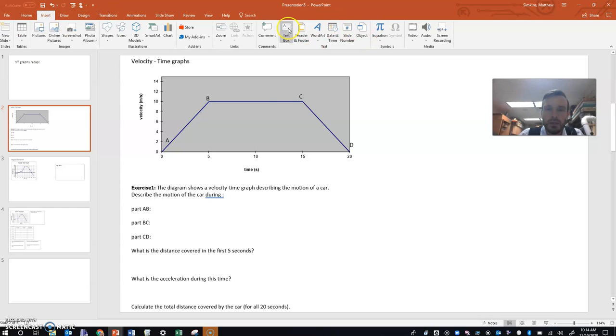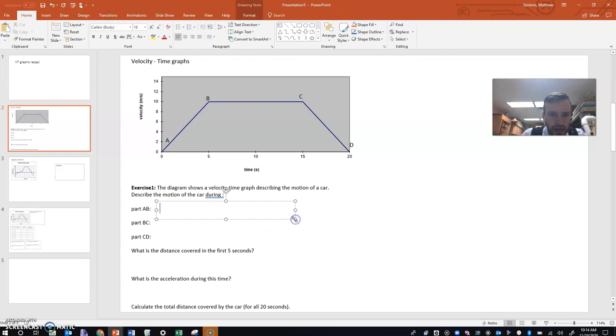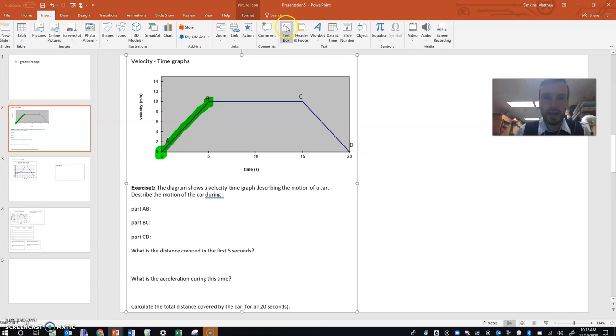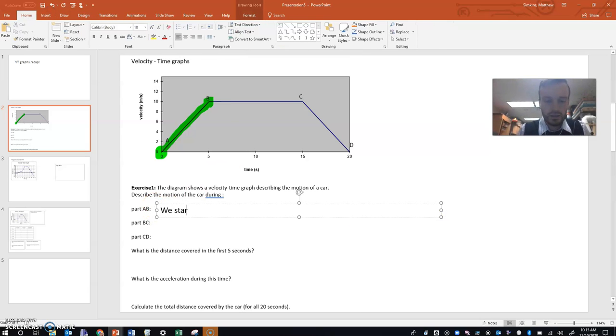From part A to B, we see that our velocity starts over here as 0, and then our velocity is steadily increasing until it gets to 10. All right, so if I had to describe that, I could say we start from rest and increase to a velocity of 10 meters per second.